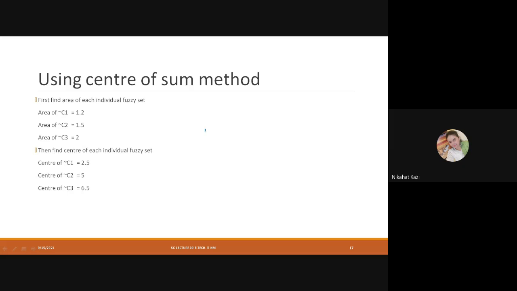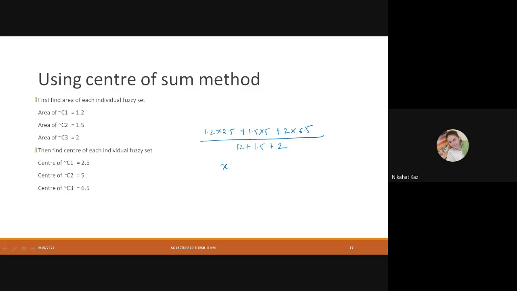So it will be 1.2 multiplied by 2.5 plus 1.5 multiplied by 5 plus 2 multiplied by 6.5. That will be the numerator. Denominator is the sum of the areas, that is 1.2 plus 1.5 plus 2.